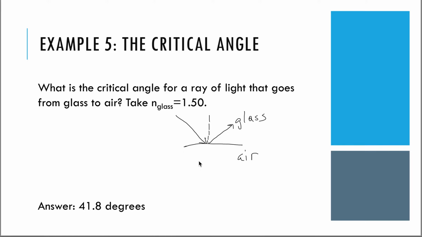So that is the angle that we have to find. We just defined the critical angle as theta c equals the inverse sine of n2 over n1. So all we have to do is plug those numbers in.